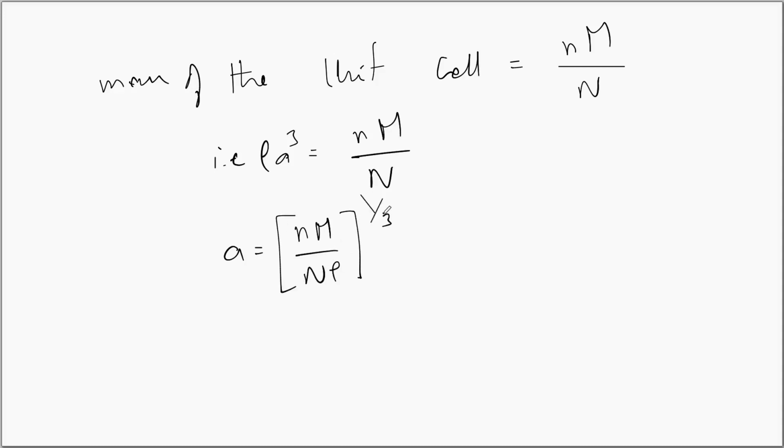With the knowledge of the lattice type, n can be calculated, and with the knowledge of the molecular weight M and the density of the crystal rho, the lattice constant a can be calculated.